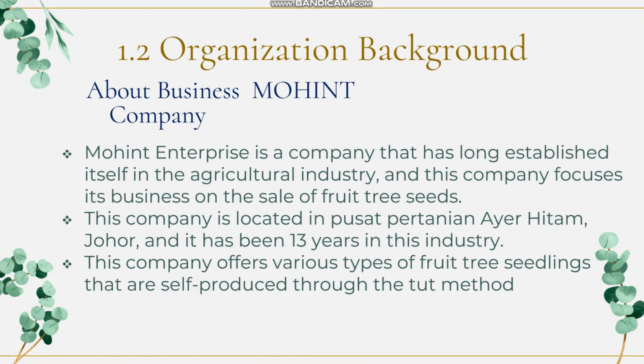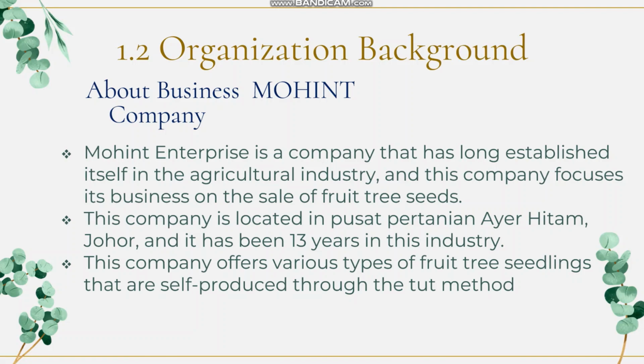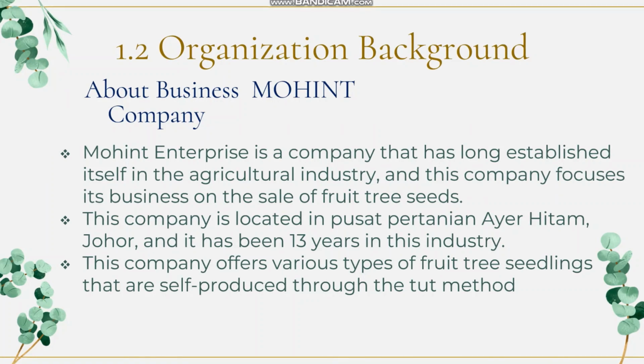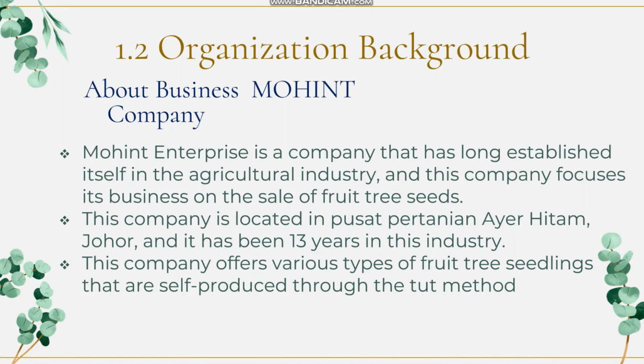Next, the organization background of this company. Mohint Enterprise is a company that has long established itself in the agriculture industry, and this company focuses its business on the sale of fruit tree seed. This company is located in Pusat Pertanian Aitam, Johor, and it has been 13 years in this industry.